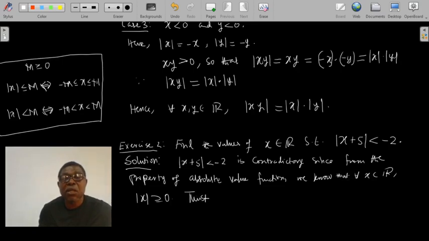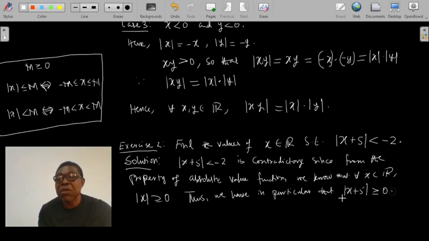Thus, we have in particular that absolute value of x plus 5 is greater or equal to 0.